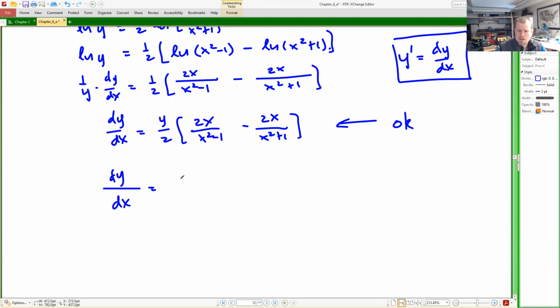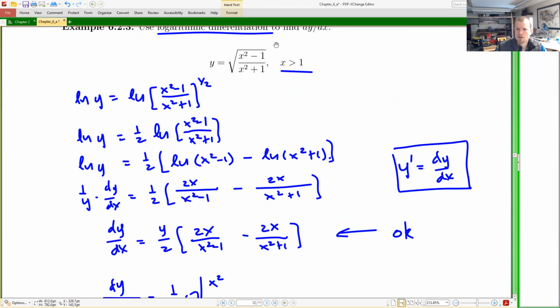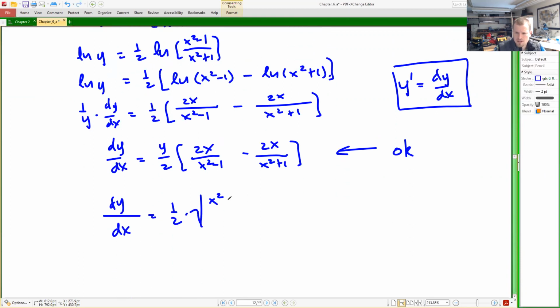So I have 1/2 times the square root of, I believe this is x squared minus 1 in the numerator, yep, x squared minus 1 divided by x squared plus 1. And then I'm still multiplying by 2x divided by x squared minus 1 minus 2x divided by x squared plus 1.